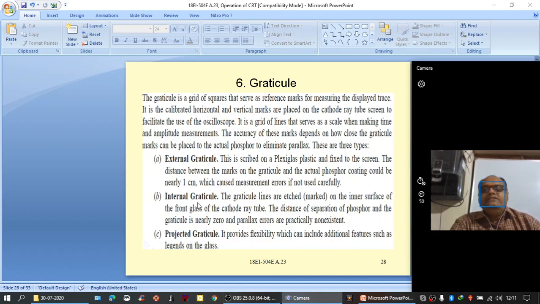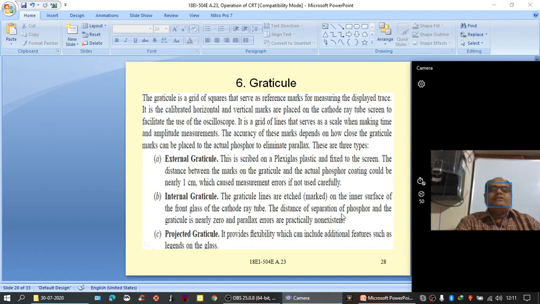The second one is the internal graticule. The graticule lines are etched or marked on the inner surface of the front glass of the CRT tube.